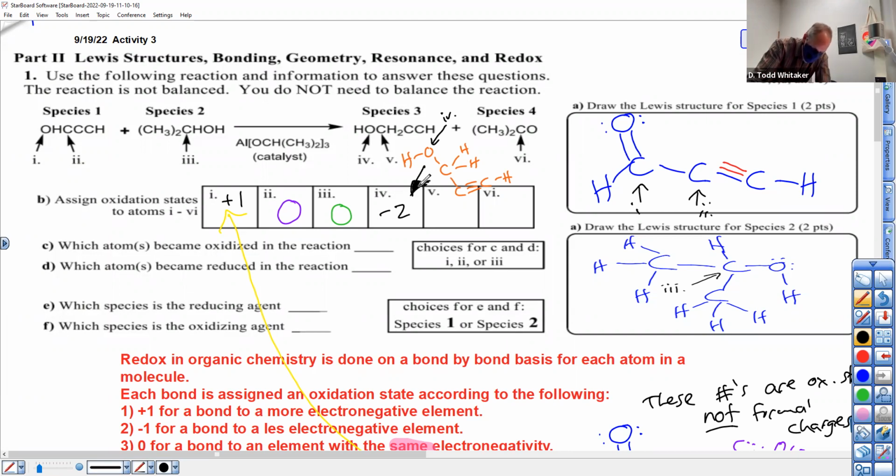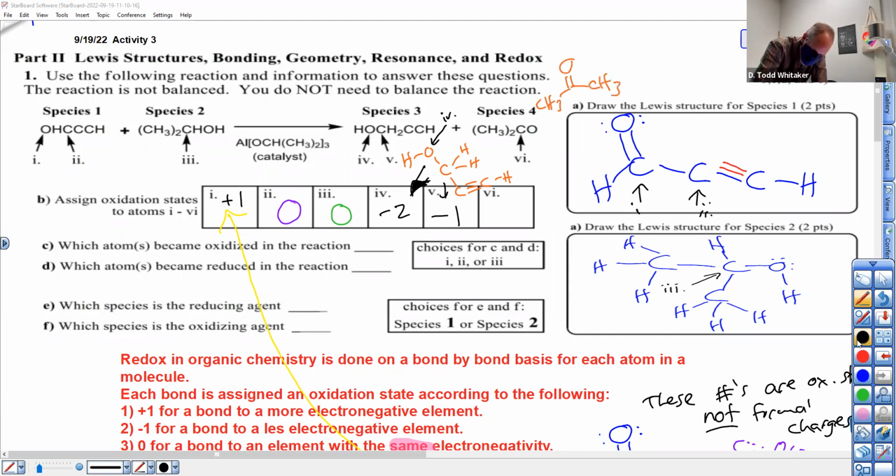What about V, the carbon next door? It's got 2 bonds to less electronegative H, that's -2. 1 bond to a more electronegative O, that's +1. So I'm at -1 and a 0, right? Oh my goodness, I'm making you work for your money. Not a Lewis structure, but it has enough info here.